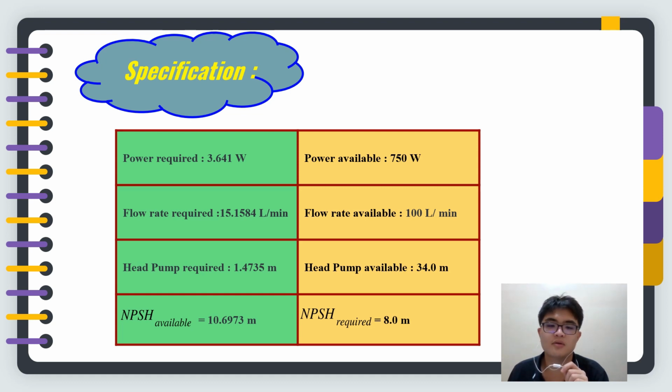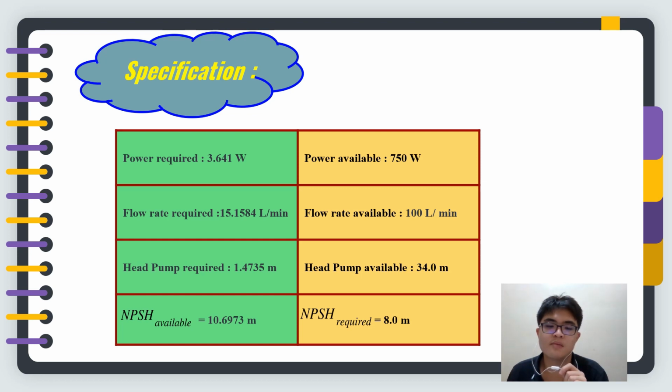And lastly, we compare NPSH. The NPSH required by the pump must always be lower than the NPSH available. From the calculation, we calculated the NPSH available is 10.6973 meters.